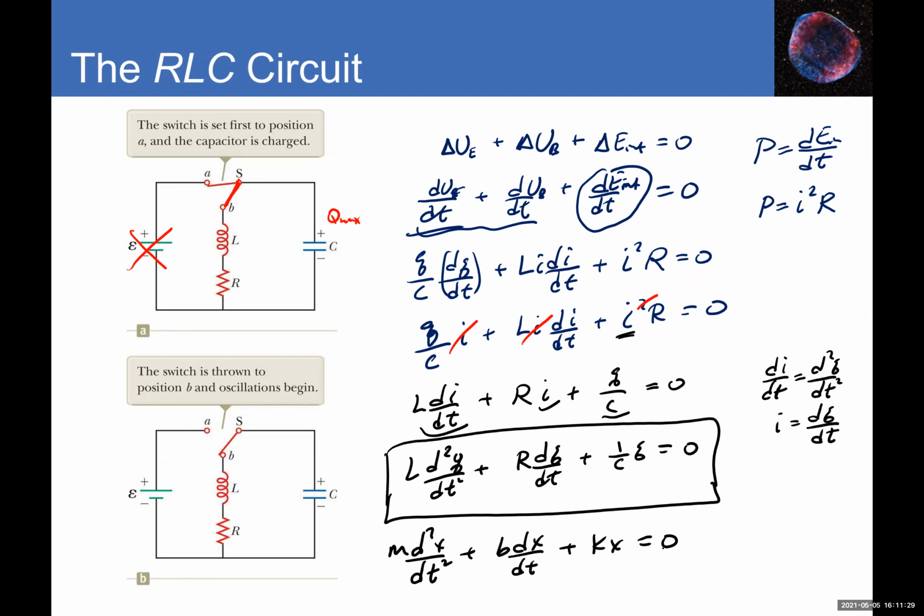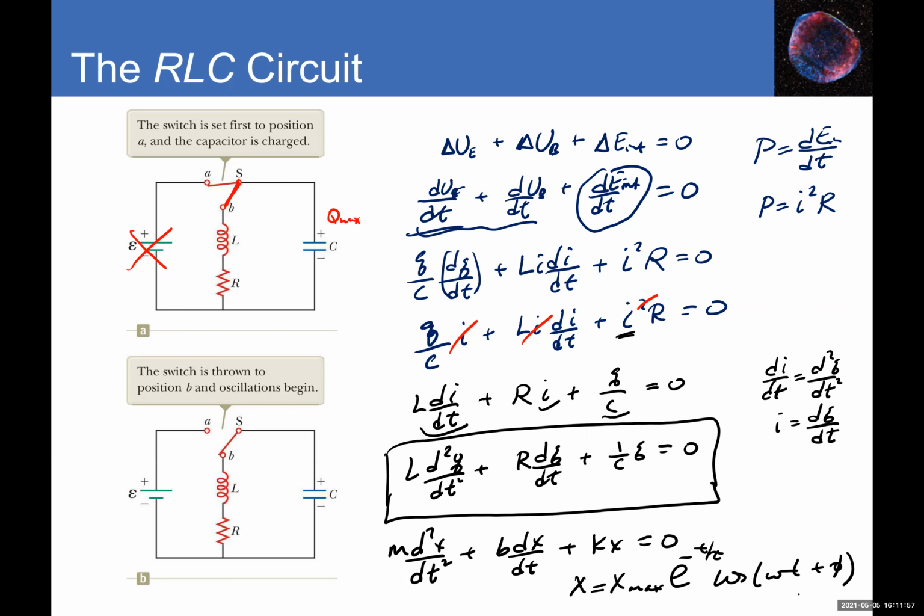What we do here is recognize that this format gives us the type of equation for x. The solution was x equals x max, e to the negative t over tau, for example, then cosine of omega t plus phi or something like that.